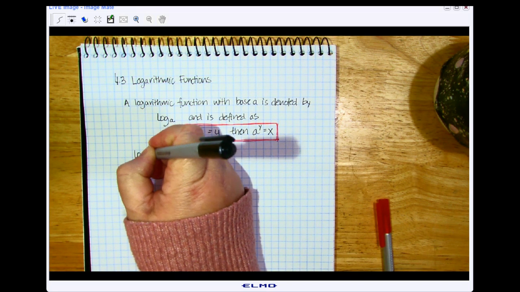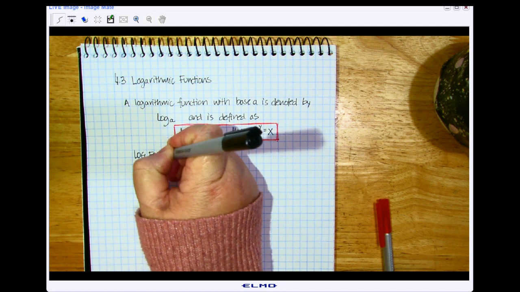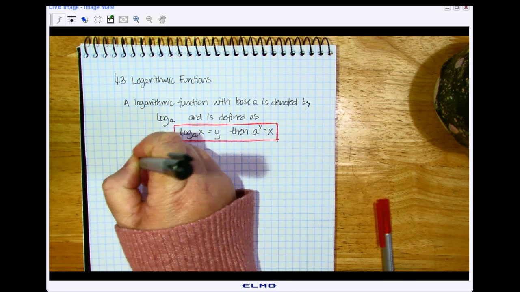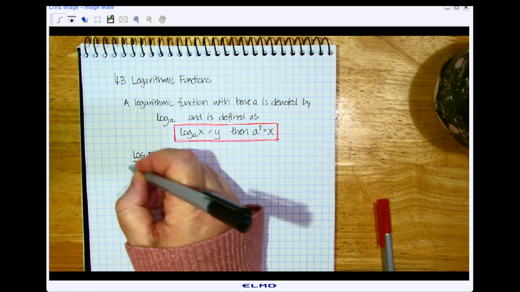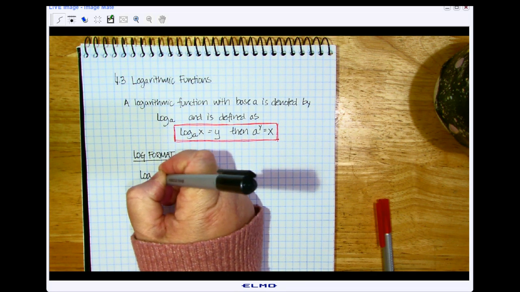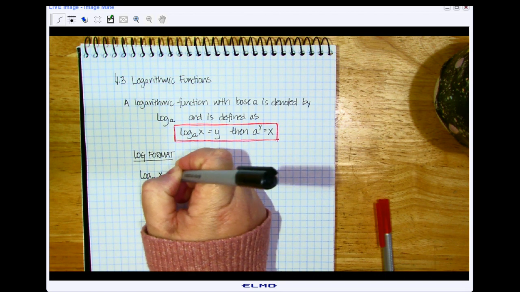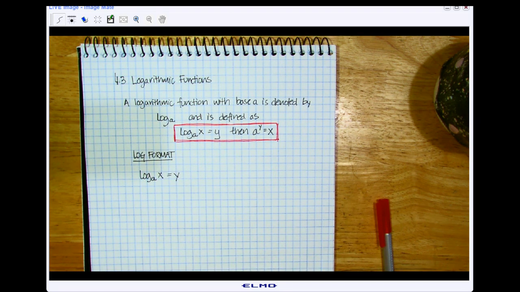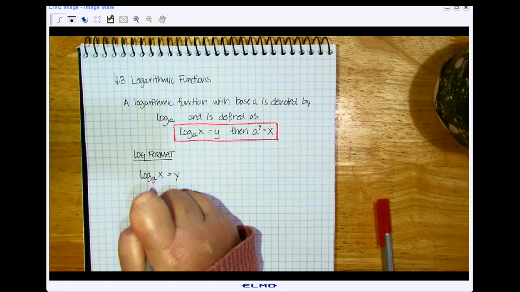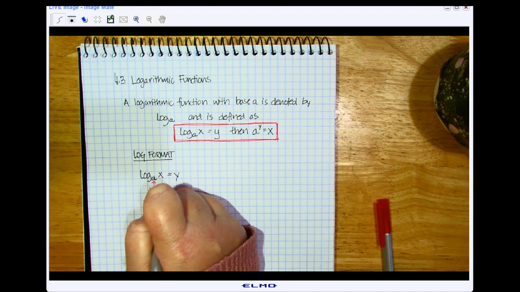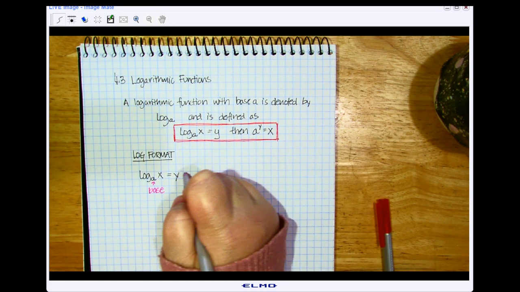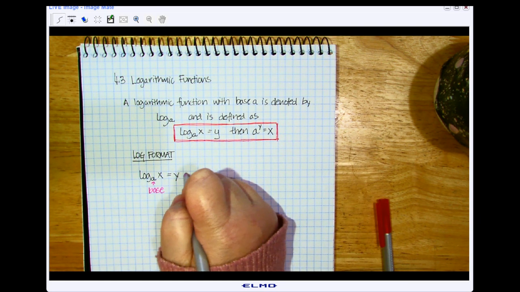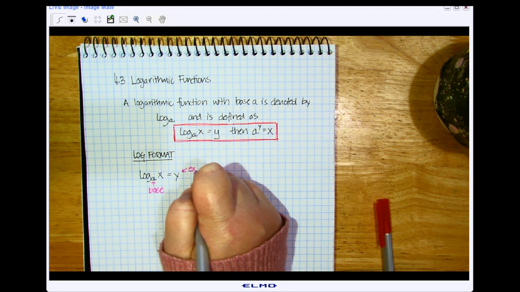So in the log format, or log notation, log base A of x is equal to y. What they're telling you is that A is our base, y is the exponent.